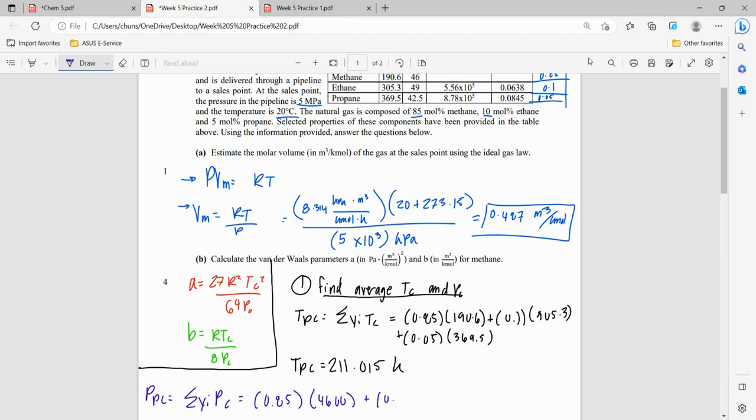That's plus 0.1 times 4,900 plus 0.05 times 4,250.